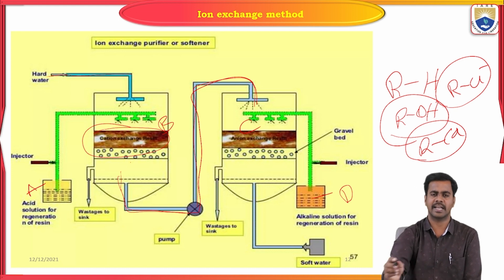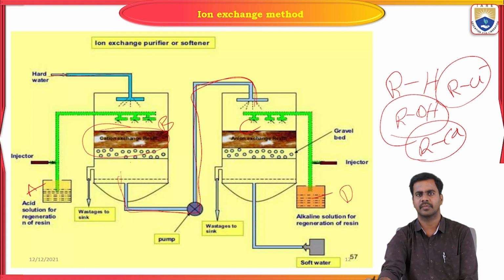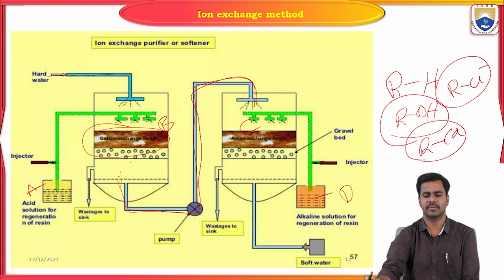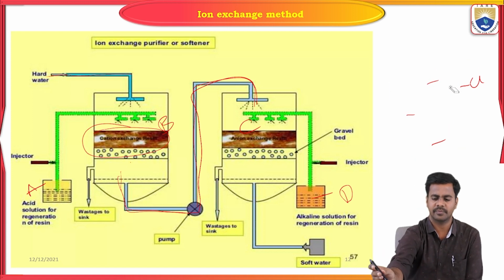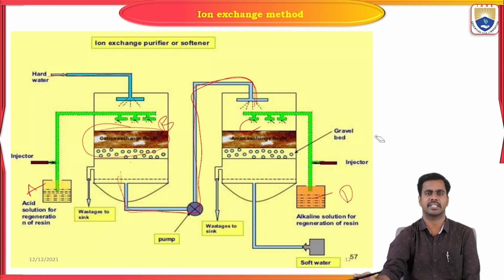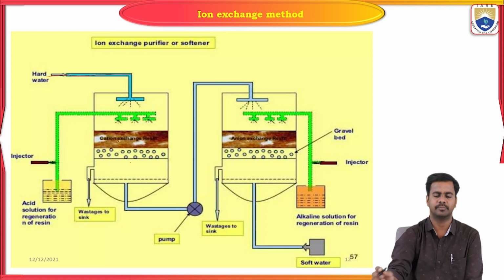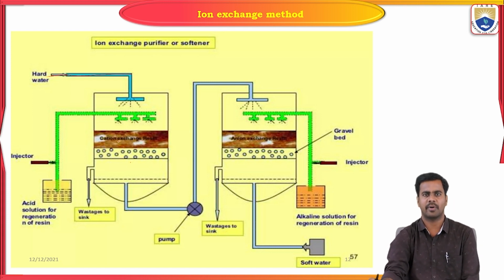How will they be regenerated? By following regeneration steps. So what is regeneration? How can we regenerate acidic resin or cationic resin, and basic resin or anionic resin? So let us see the regeneration of cationic resin first. How can we regenerate the cationic resin present in tank B?